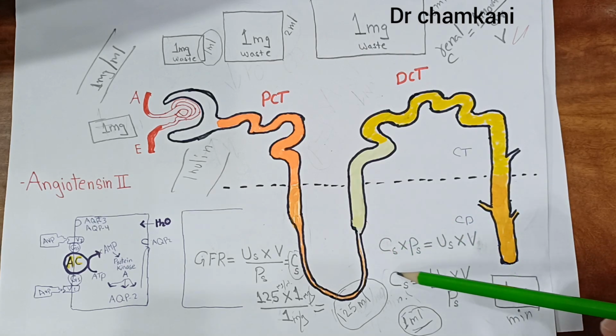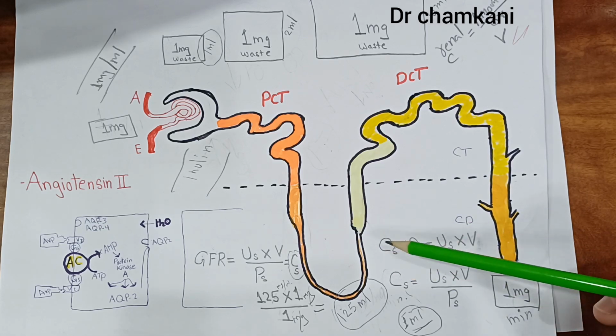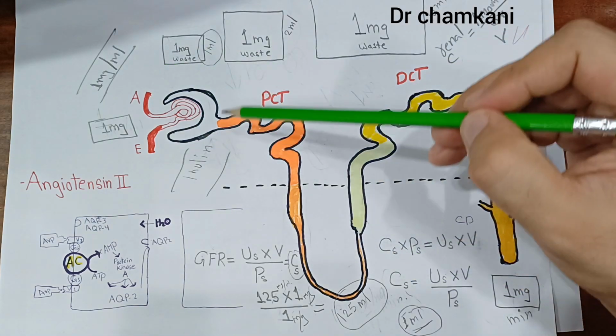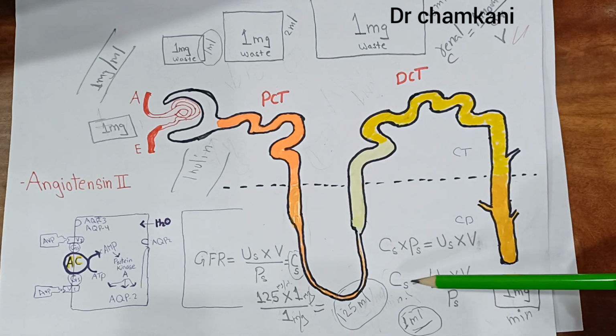The left part of the equation forms the filtration load, the amount of filtered substance, and the right part shows the amount of substance which is removed. By readjusting this equation, we get the clearance of any substance.